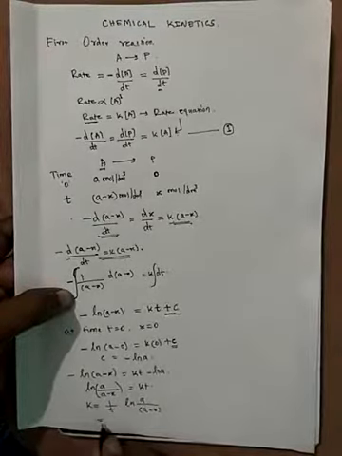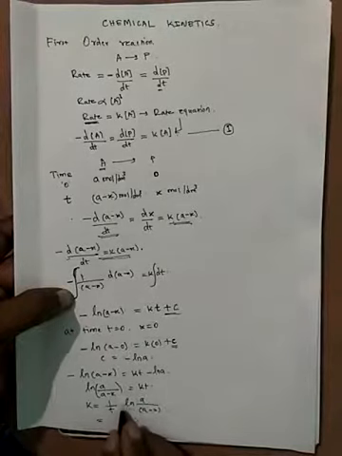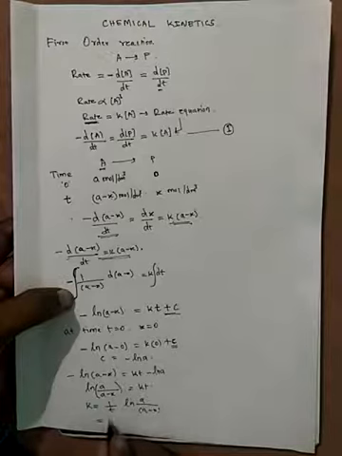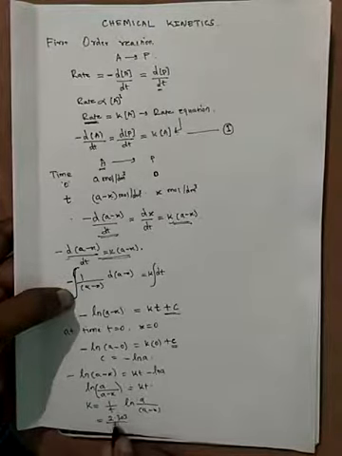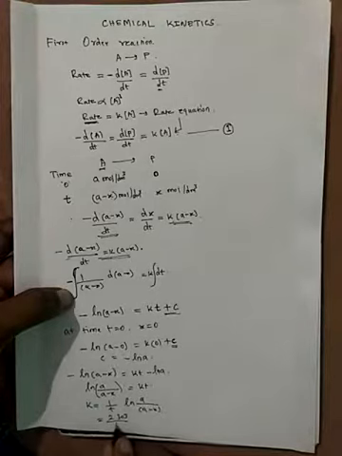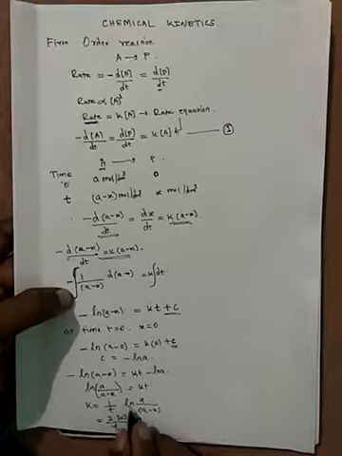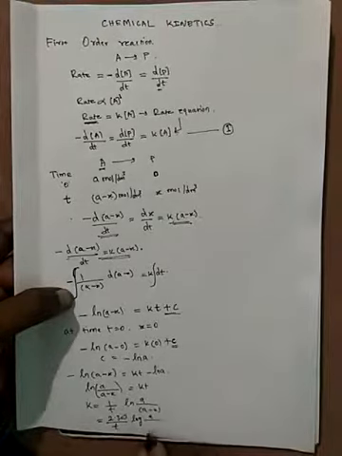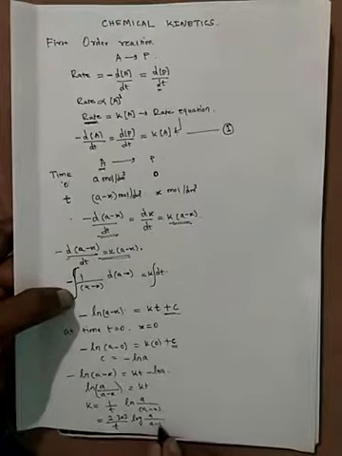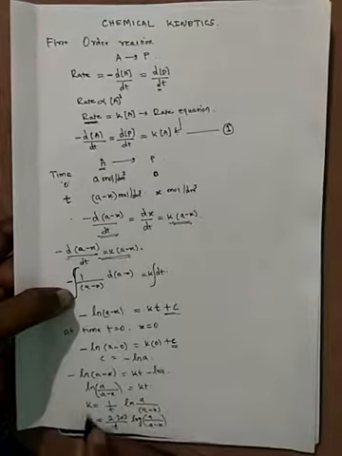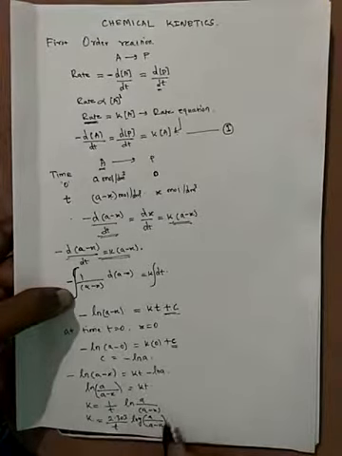This logarithm is base e, it should be converted into base 10. You have to multiply 2.303. So k equal to 2.303 by t logarithm base 10 of a by a minus x. This is the rate constant, right?